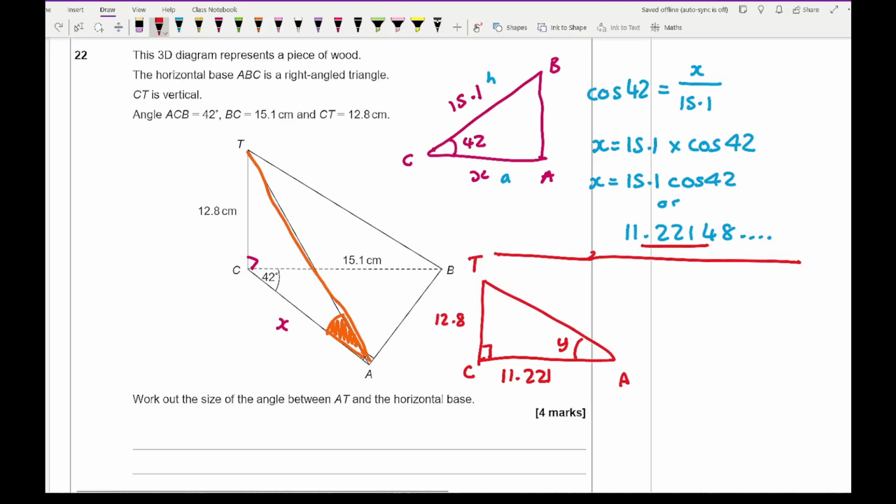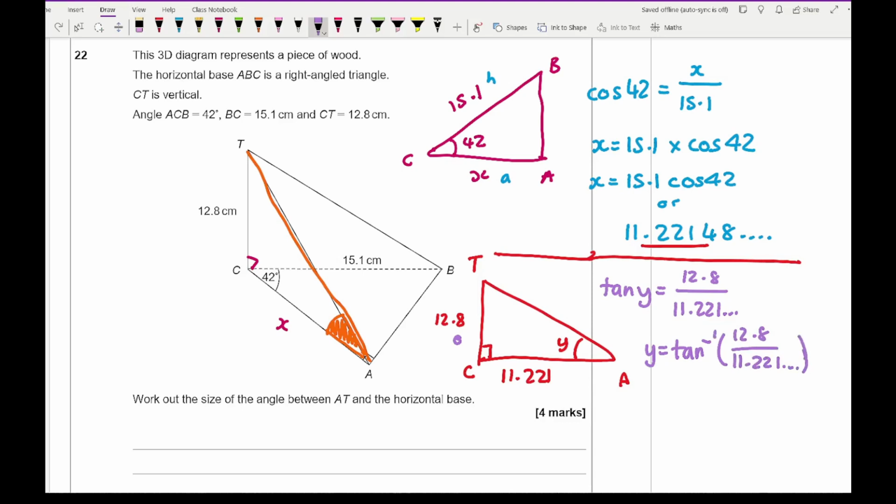So then from this I'm going to use SOHCAHTOA trig, so I'm going to be using tan. So I've got tan y equals the opposite, which is 12.8 over 11.221. So then working out y, y is going to be the inverse tan of 12.8 over 11.221, and again you might still have that number on your calculator.